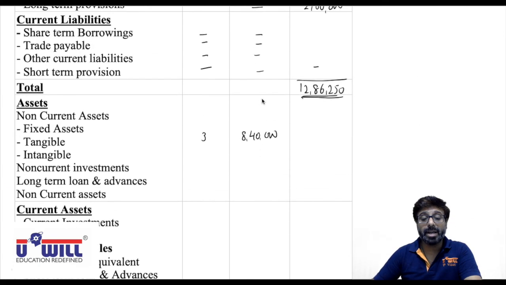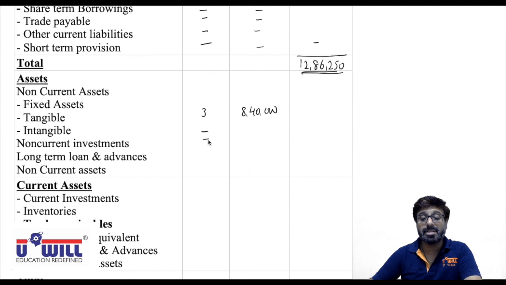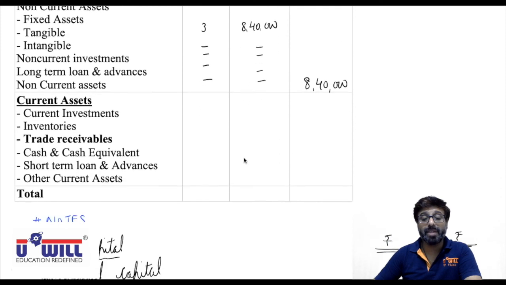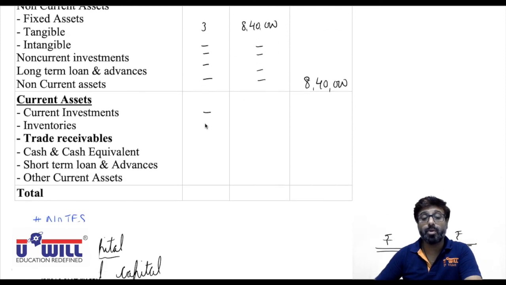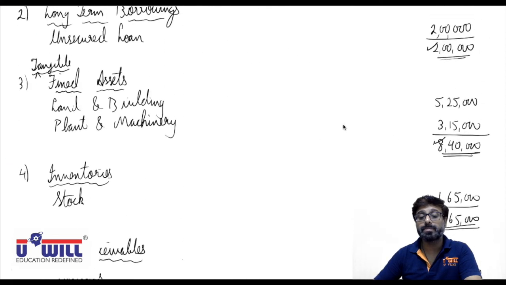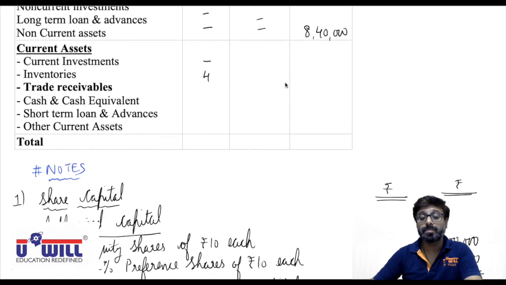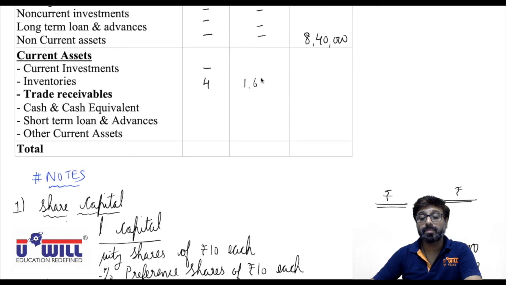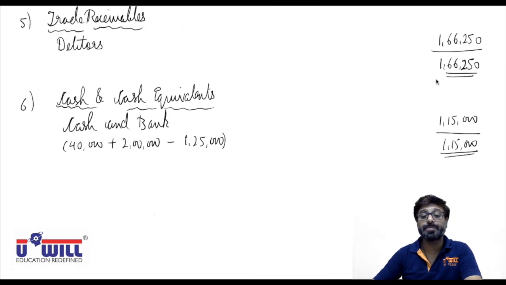Non-current investments, loans and advances, other non-current assets we don't have. Total 8,40,000. Current investments we don't have. Inventories we have in note number 4, that is 1,65,000. Trade receivables we have in note 5, that is 166,250.